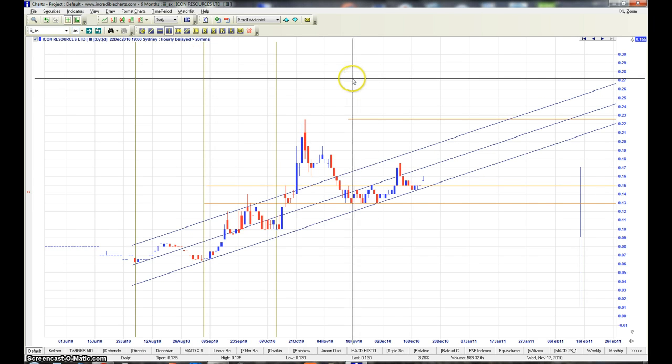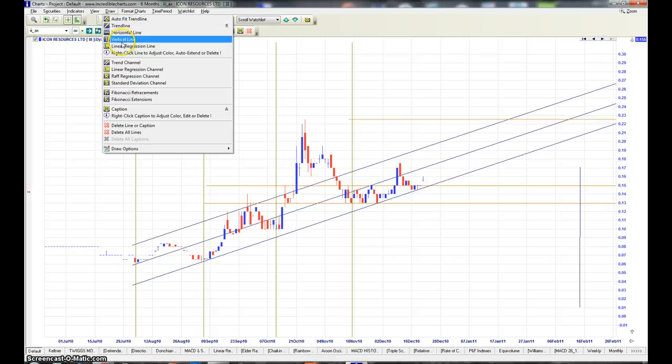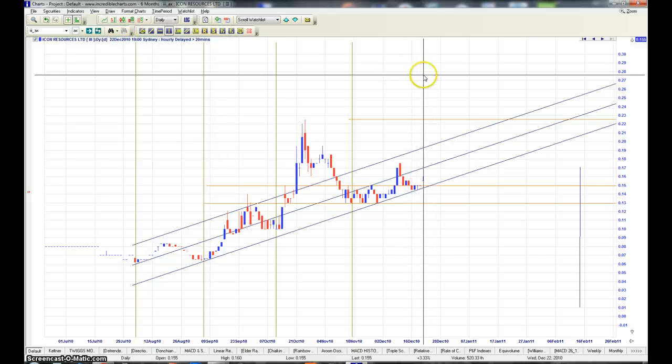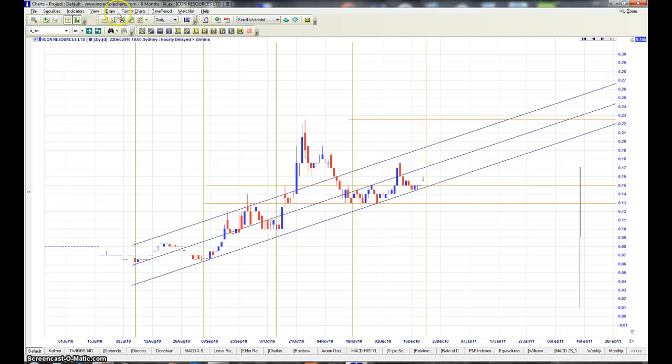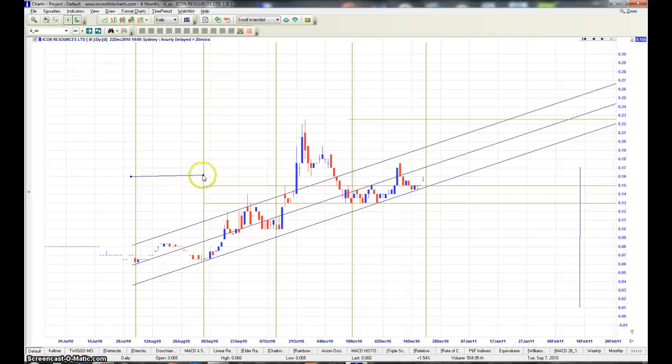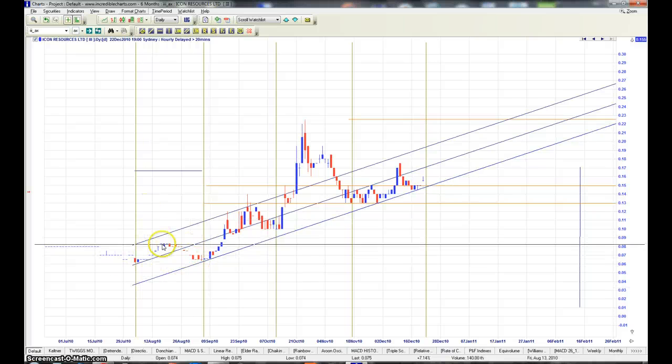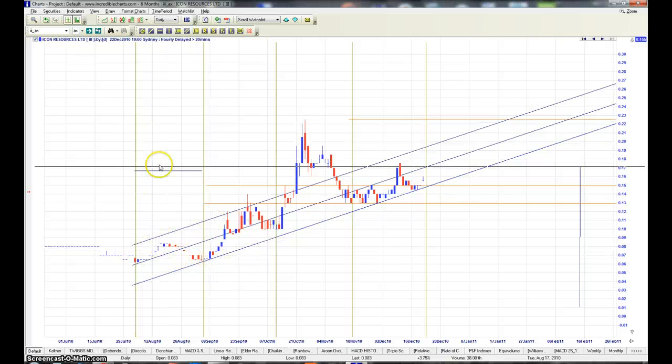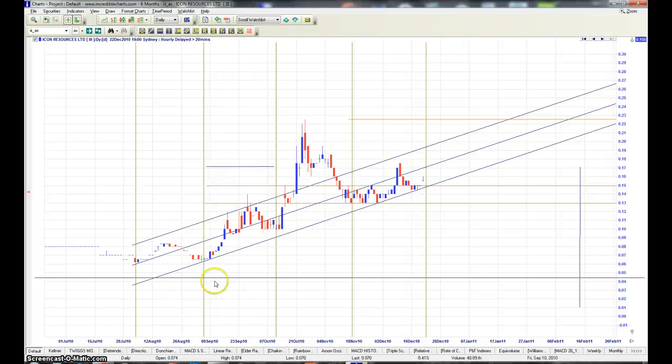I'm being very highly subjective here, but what I'm suggesting is that there have been roughly equidistant time periods. We've had this period here of this sort of price action, then a period where there's been a change and it's come back and consolidated here.